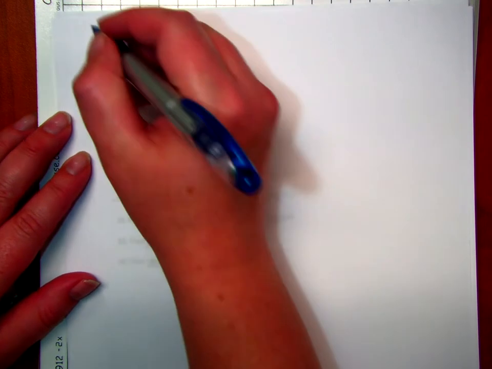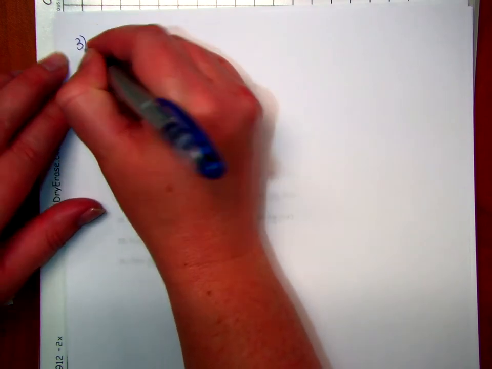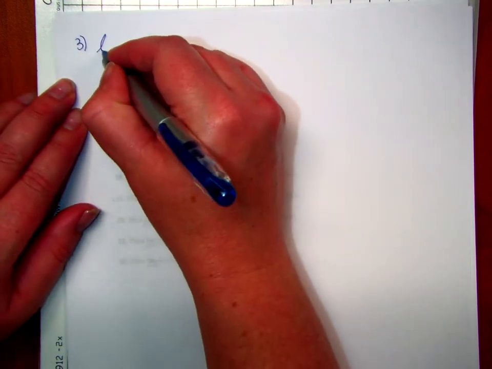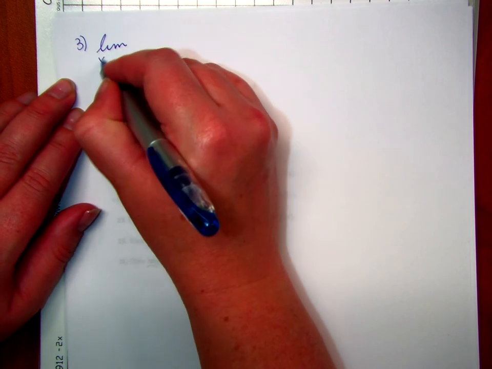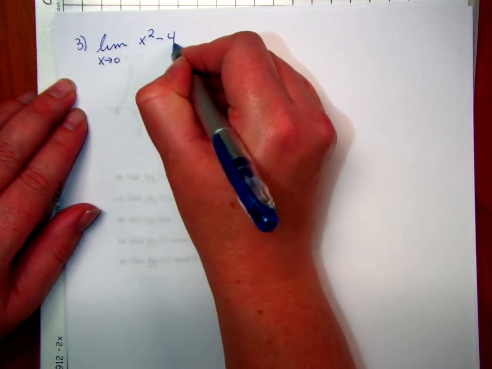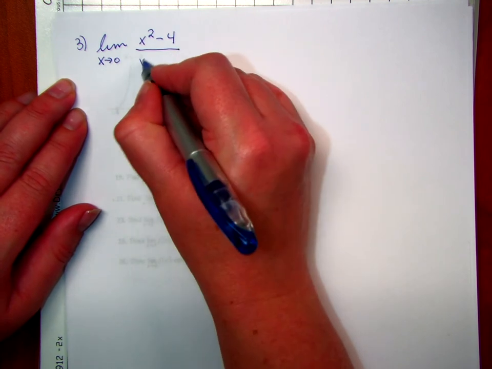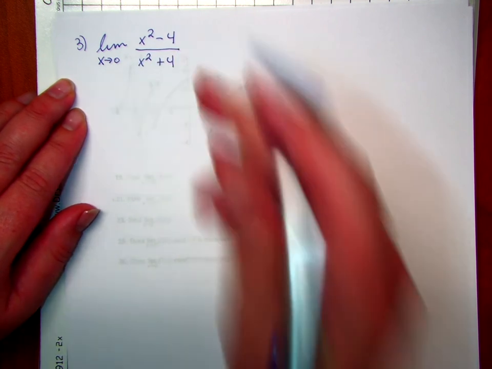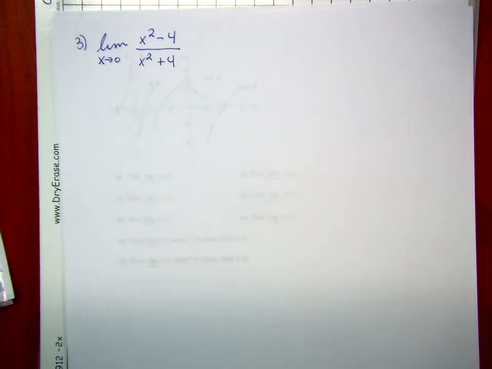All right, let's do another one. The limit as x approaches 0 of x squared minus 4 divided by x squared plus 4.